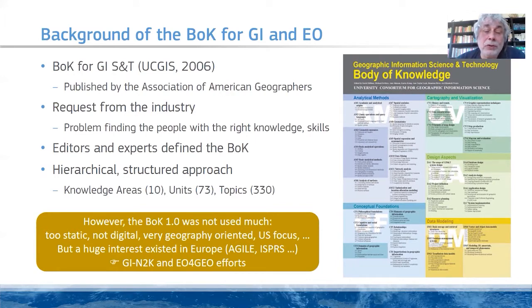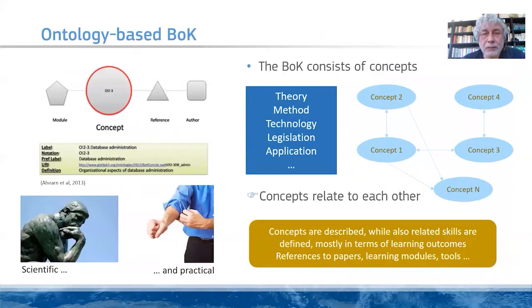Interest came from AGILE, ISPRS, and then first there was an LLP Erasmus project, GI-N2K, GI Need to Know, and then of course we now have continuous efforts from EO4Geo to develop that further and to extend it to Earth observation, because the original version was really GI focused.